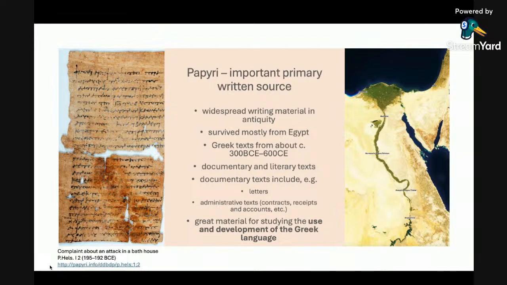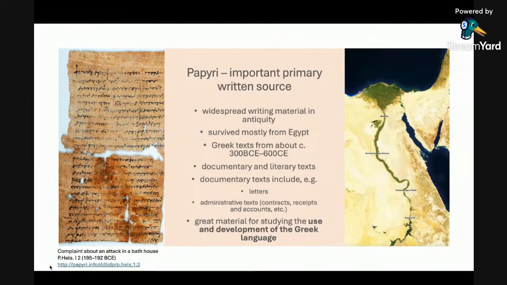The map on the right shows the fertile Nile Valley, and the green delta area, unfortunately, has given us much less papyri than the other parts of the country, even though we would probably wish that we get lots of papyri from the delta area where the Alexandria library was located.